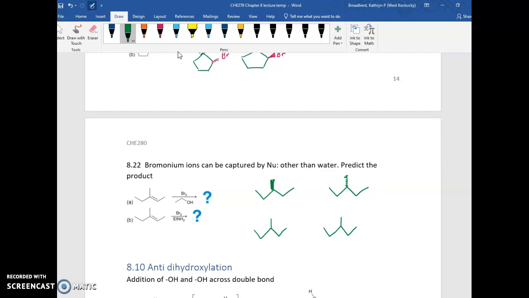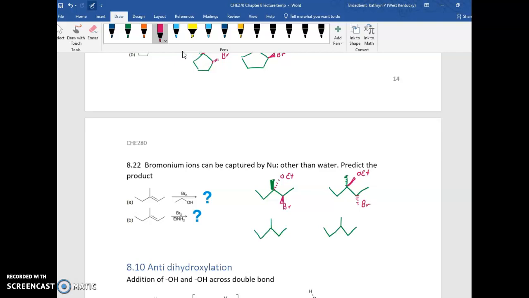And instead of adding a hydroxy group, I'm going to change colors here, we're going to add a dash ethoxy group, or a wedge ethoxy group. Now, if the ethoxy group is on a dash here, then we'll have a wedge for our bromine. And here we'll have a dash for our bromine.